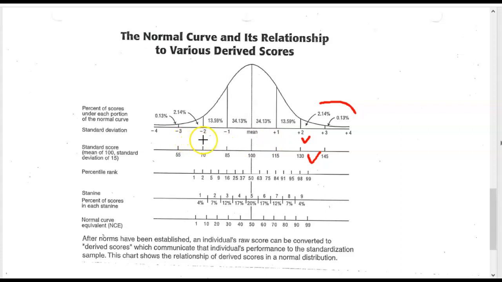The same thing would be true for 2 standard deviations below average, an IQ below 70. That also means that a little more than 2% of people would fit into that. Where are most people? Average. The average person is very average. They would fit into the middle.